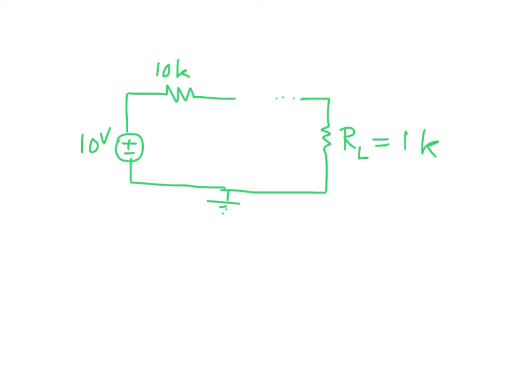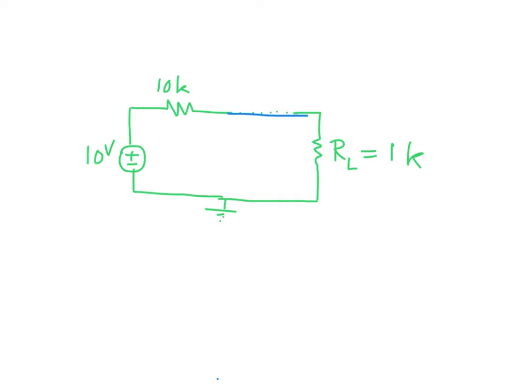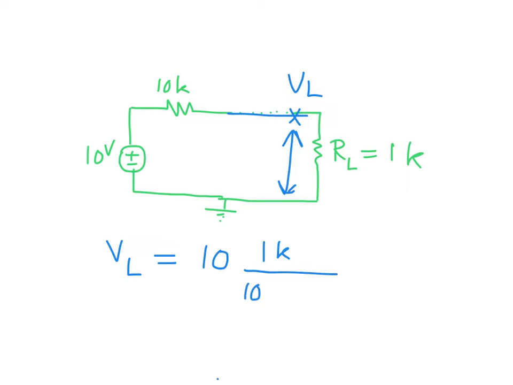If we connect this circuit in such a way, with direct connection, and we want to compute the voltage VL across this load resistance, it's a voltage divider. It's equal to the whole voltage 10 multiplied by this 1k divided by 10k plus 1k, which is actually 10 over 11 volt.